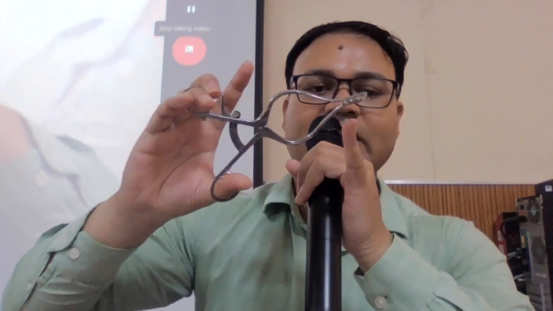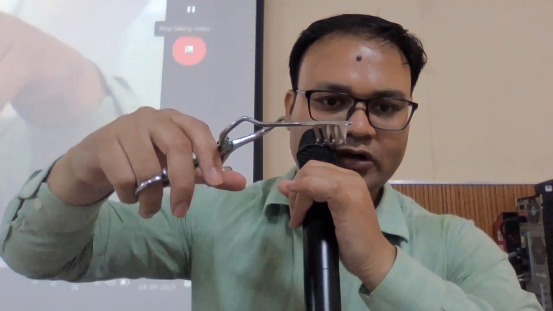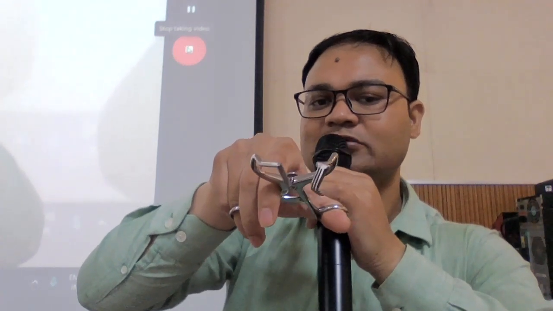And here at the tip you can see there are a number of hooks, 4 on each blade. And these hooks are curved. Can you appreciate it? Like this. The hooks are curved, so this helps in a better gripping of the tissues while retracting.